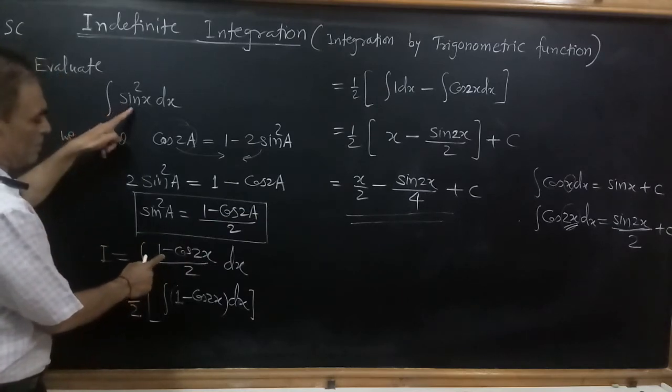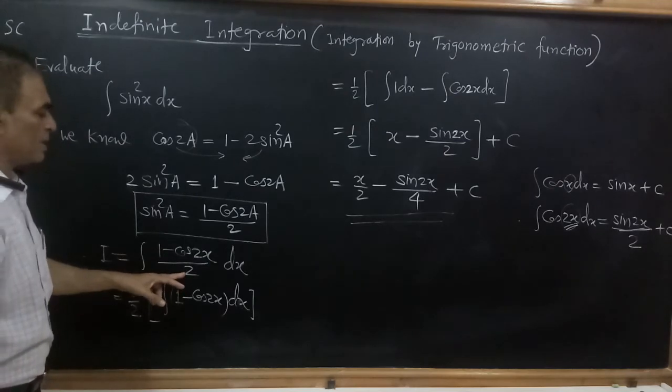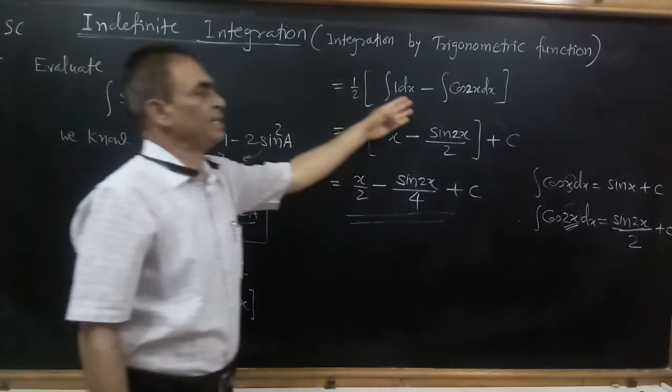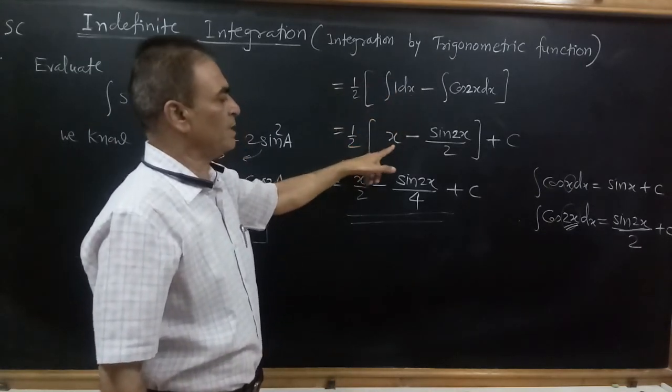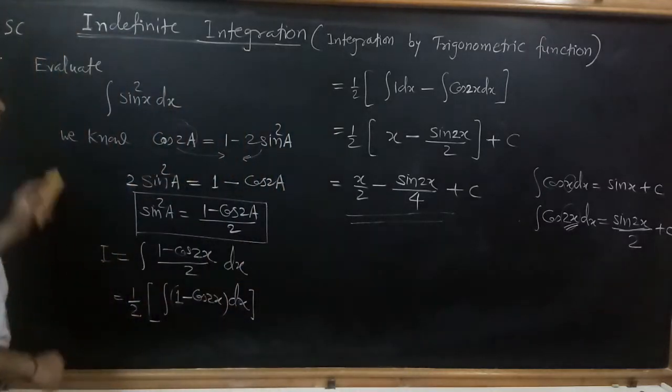Similarly, apply here 1 minus cos 2x upon 2. In the denominator, the constant term 2, you can take outside the integration, separate the terms, separate the integrations, use standard formulas and take the integration. Okay, this is another question.